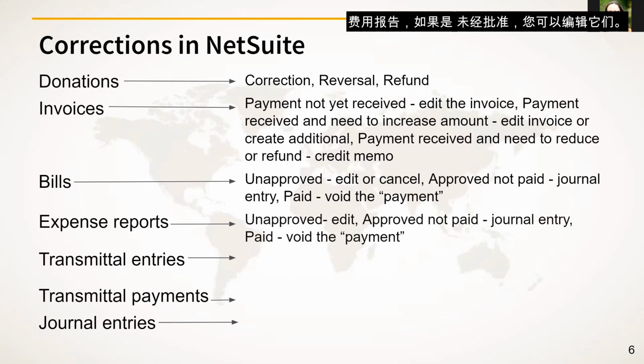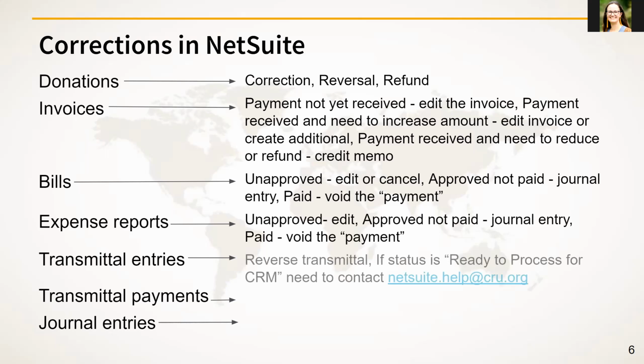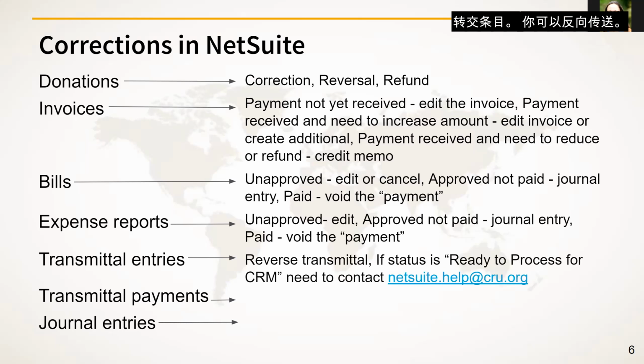Expense reports, if they are unapproved, you may edit them. If they are approved and not paid, you can create a journal entry. If they are paid, you can void the payment. Transmittal entries, you can reverse the transmittal. If the status is ready to process for CRM, so it contains donation information, you do need to contact netsuite.help@crew.org.